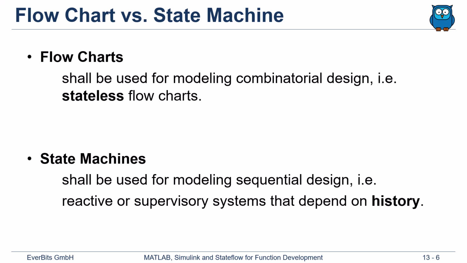State machines shall be used for modeling sequential design. It means especially for reactive or supervisory systems that depend on history. So the internal state in the state machine will be defining the historical values.